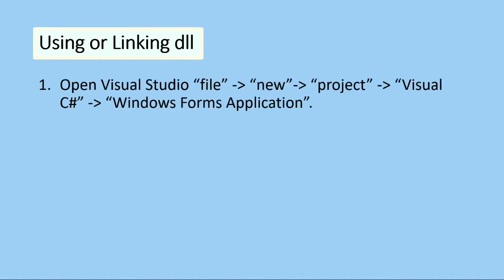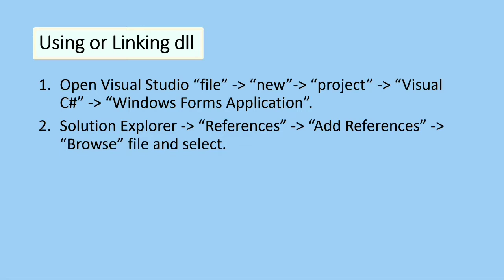Now, linking a DLL file. Step 1. Open Visual Studio, then select File, then New, then Project, then Visual C#, then Windows Forms Application.